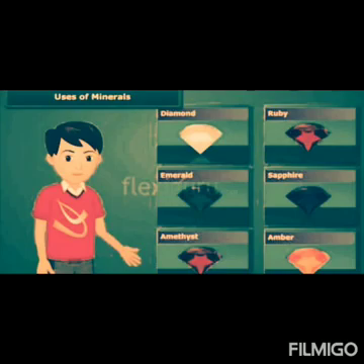Next, fifth use of minerals: minerals serve as a part of our diet. Our body needs certain minerals such as calcium, sodium, and iron in very small quantities for its healthy functioning. What is the importance of calcium?